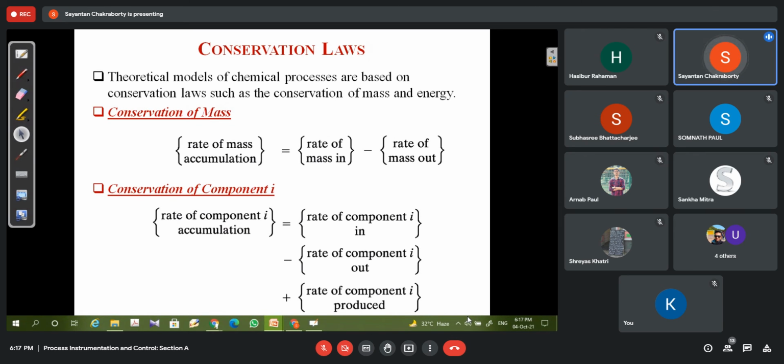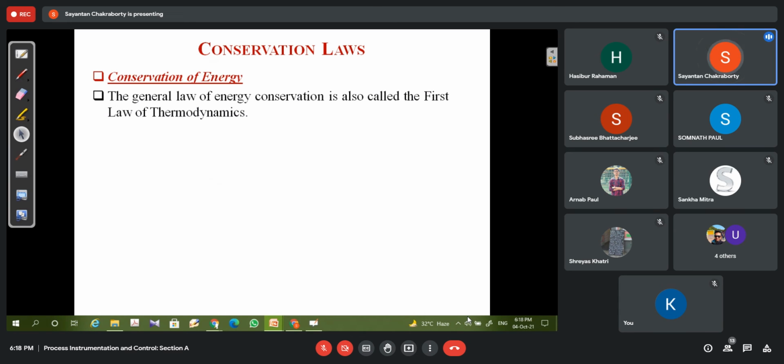The process itself will produce that component I itself. So this is the conservation equation, or the philosophy behind the conservation of component I. Right? Rate of component in minus rate of component out plus rate of component produced is equal to rate of component accumulation.